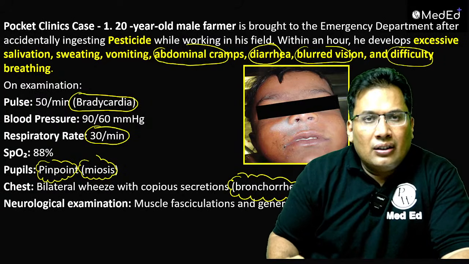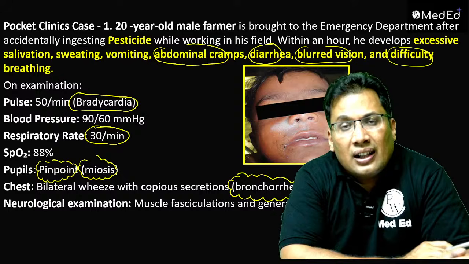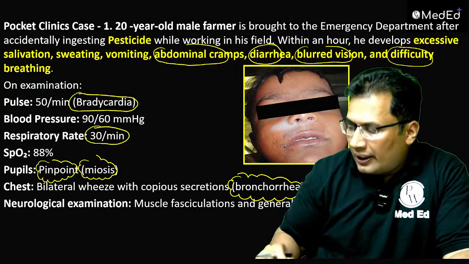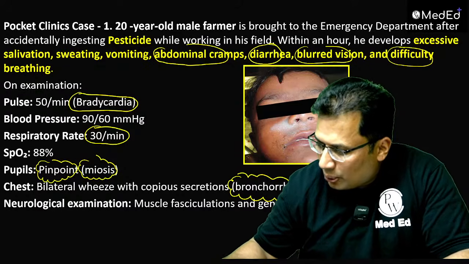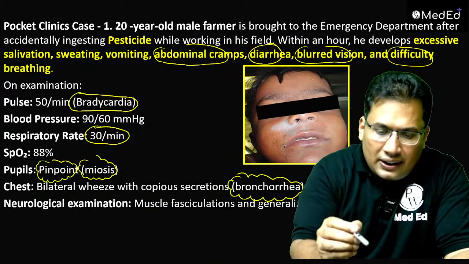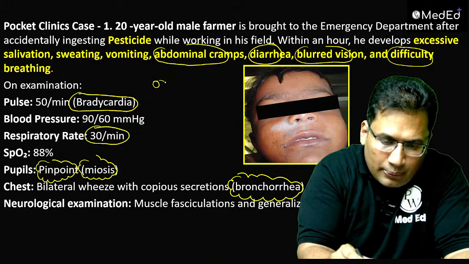Neurological examination shows muscle fasciculation and generalized weakness. So what is the most probable diagnosis? Can anyone try? The most probable diagnosis is organophosphorus poisoning.